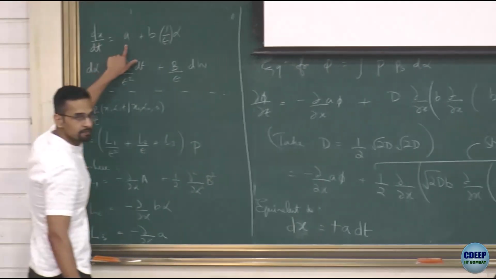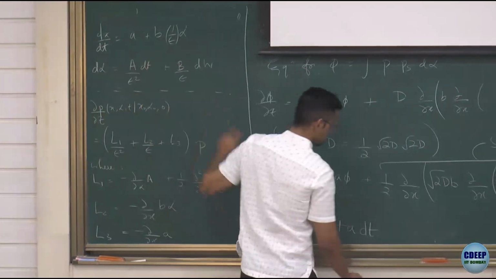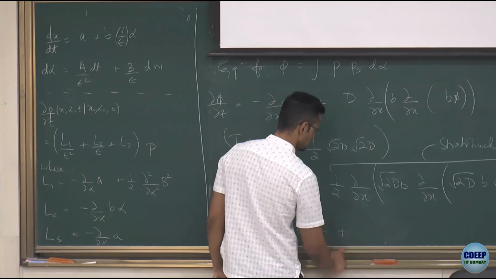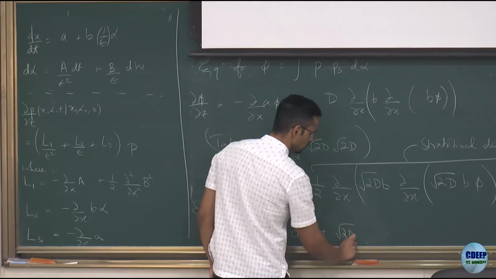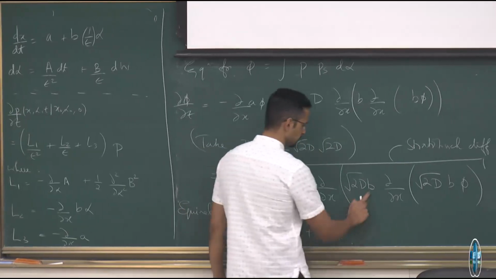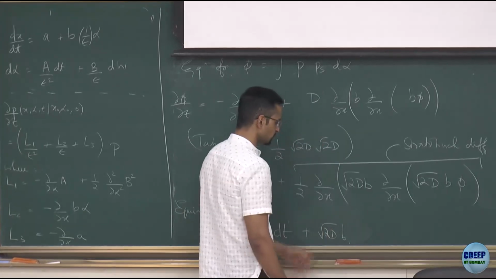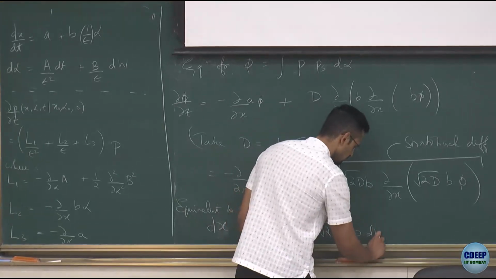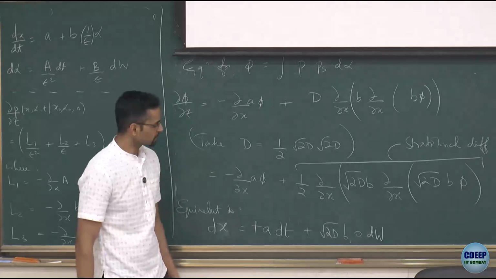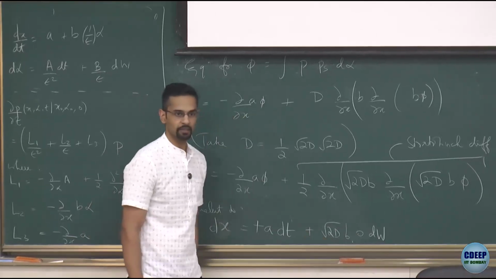But now, see this term, root 2D comes in front of it. B sits there as it was, the Wiener process increment with the Stratonovich interpretation.